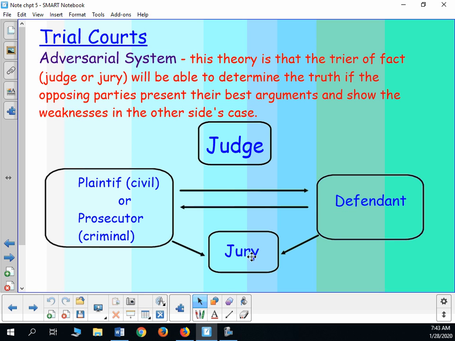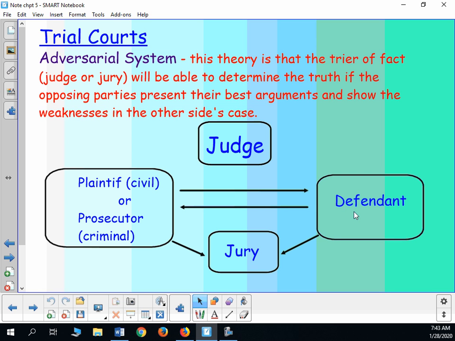The jury the whole time is watching this and listening to both sides. So they are back and forth with each other, but they're also presenting to the jury in an effort for them to decide which one they think is the truth.